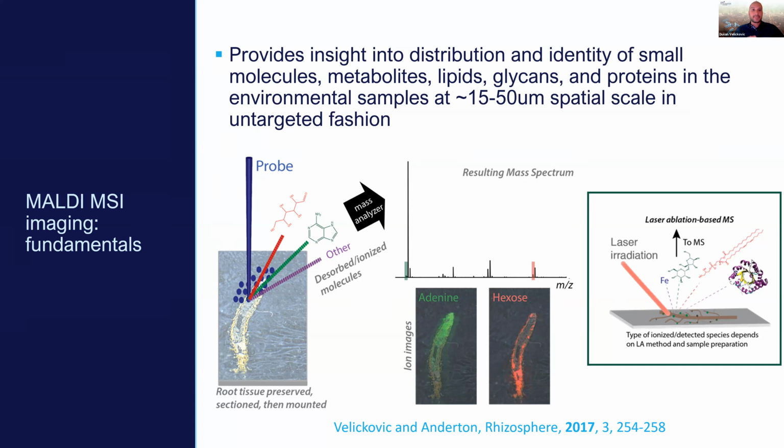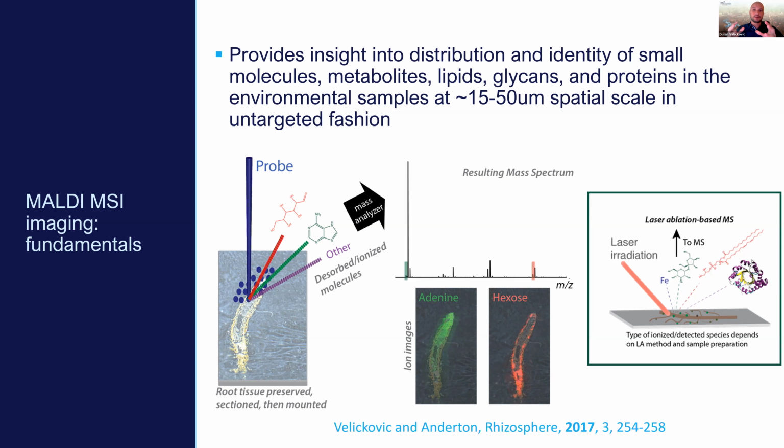You don't need to use any antibodies or specific targets. It is a completely untargeted approach. In terms of spatial resolution, MALDI provides something like 10, 15, 50 micron spatial resolution, so near single cell level.